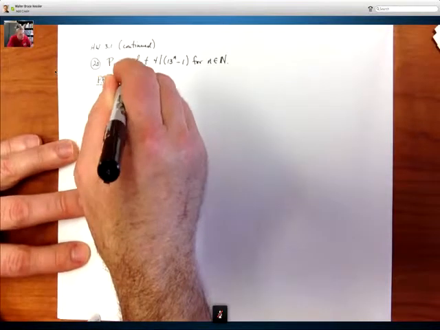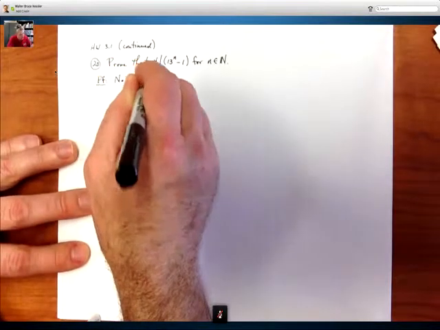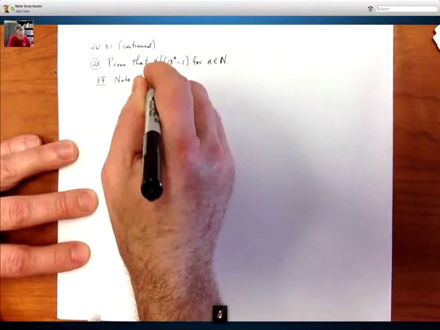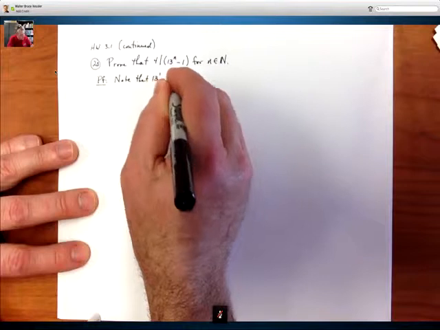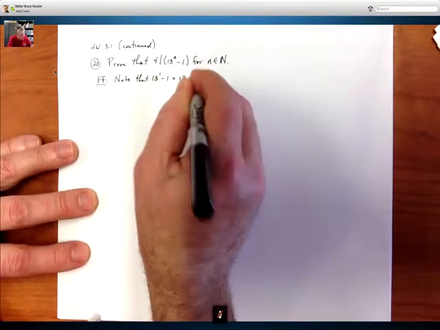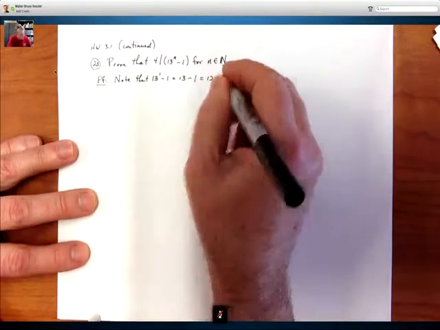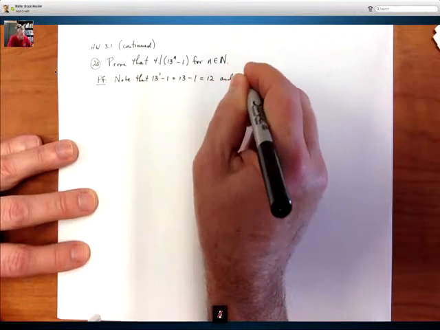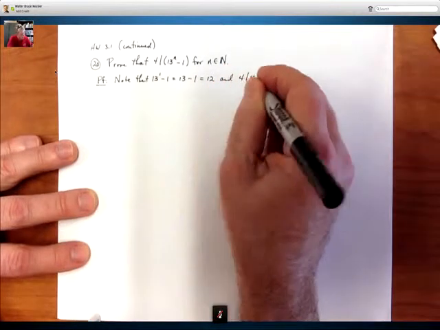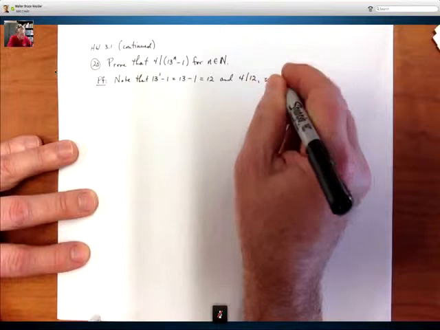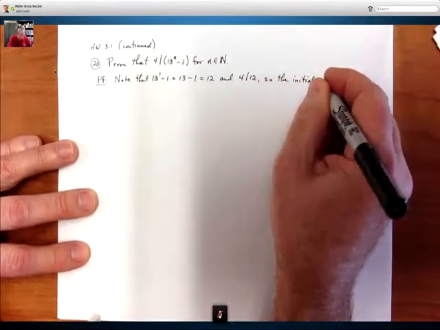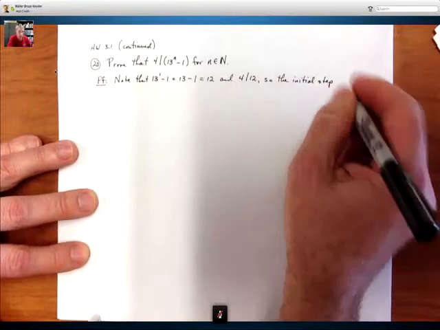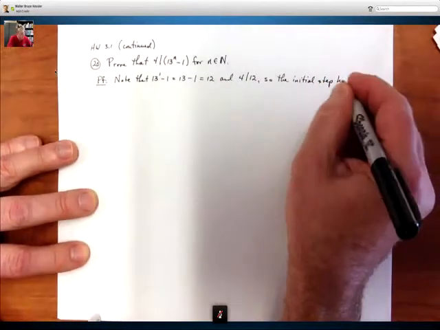So I would say something to the effect, note that 13 to the first power minus 1 is 13 minus 1, which is 12. And 4 does divide 12. So the initial step holds.